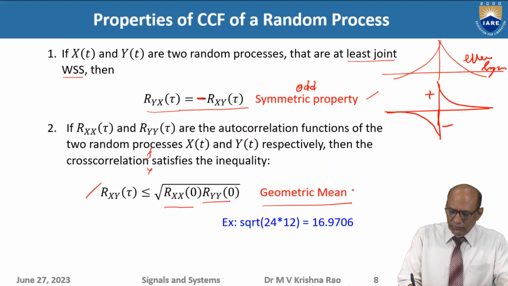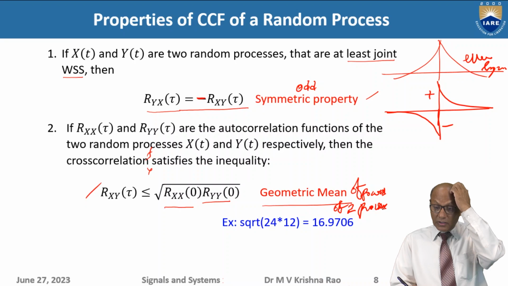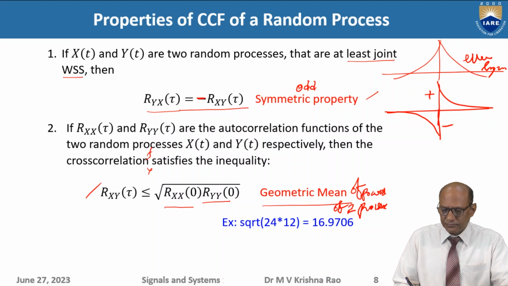Geometric mean of the powers of two processes. Okay. So let us take one mean square value, that is the power of the first process, as 24, and the power of the second process as 12.